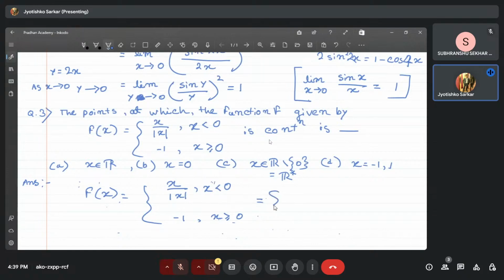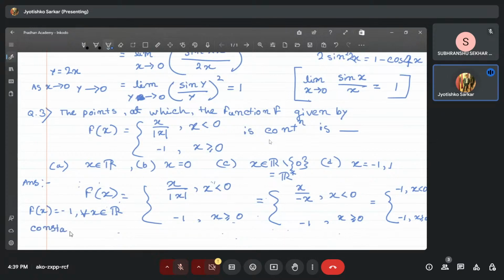So we can rewrite this as minus x divided by x, that is -1, for x less than 0 and -1 for x greater than or equal to 0. So we can see this function is nothing but f(x) equals to -1 for all x belongs to R. So this is a constant function. Clearly, this is a constant function.